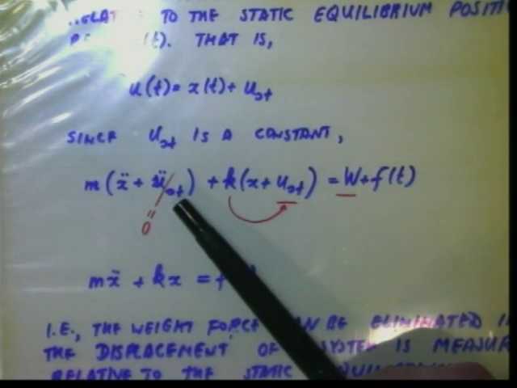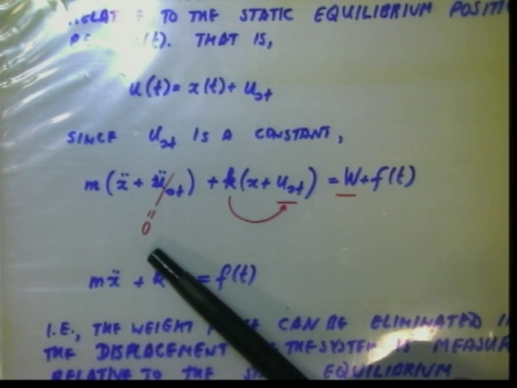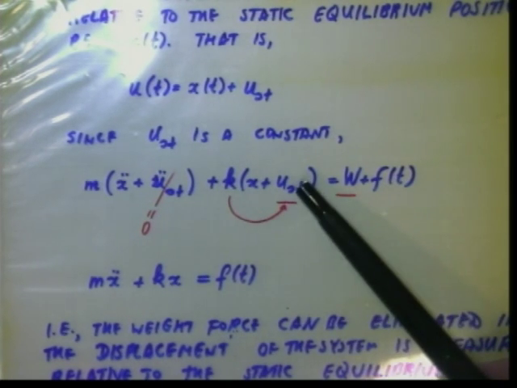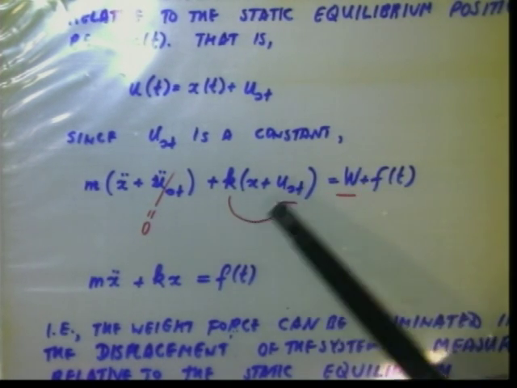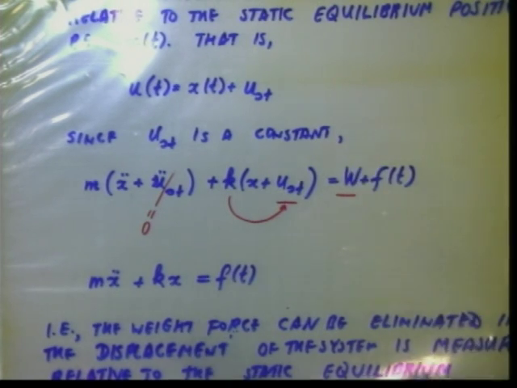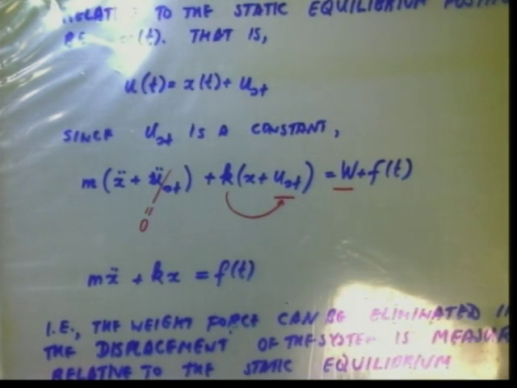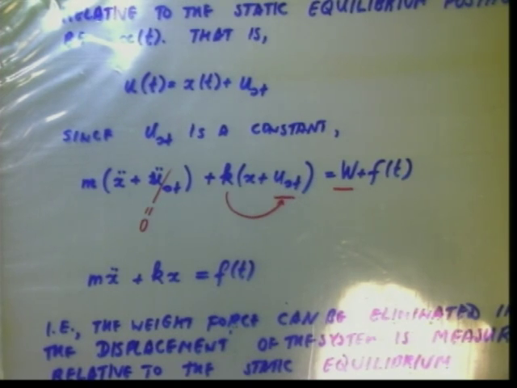So the second derivative of a number is 0. K times u static equals W. So therefore this term and this term cancel. So W disappears. So I got a simpler equation: m x double dot plus k x equals F of t. There is no W.